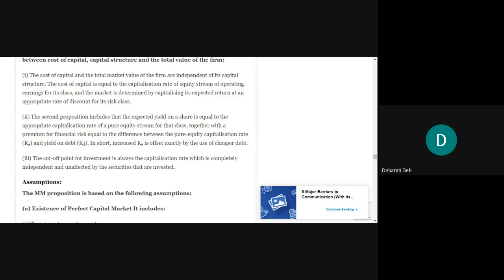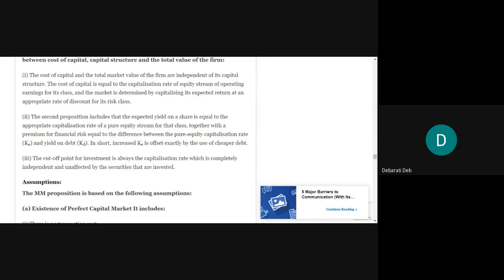If you are incorporating more cost of equity, if you are having an advantage over that, because in the first proposition it is said that the cost of capital is just the cost of equity. Even if you are having an added advantage over this KE, that will be exactly offset by the use of cheaper debt.